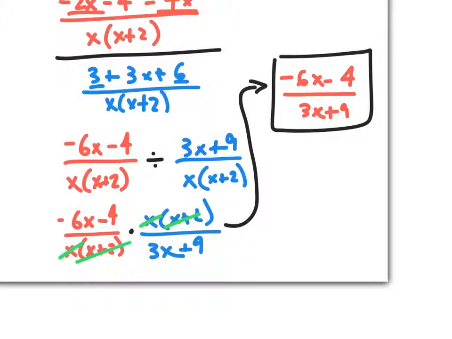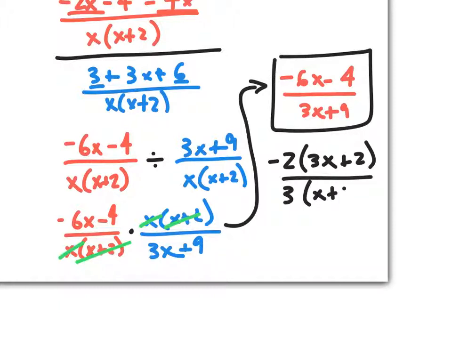Let me see if I can factor anything else out. If I factor out a -2, that leaves me with 3x and then plus 2. If I factor out a 3 here, that leaves me with x plus 3. Okay, and so if I continue to factor these, if I don't have anything that is going to divide out and none of this is, then I can just leave my answer like that.